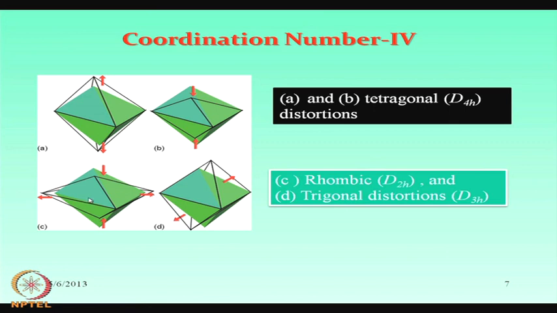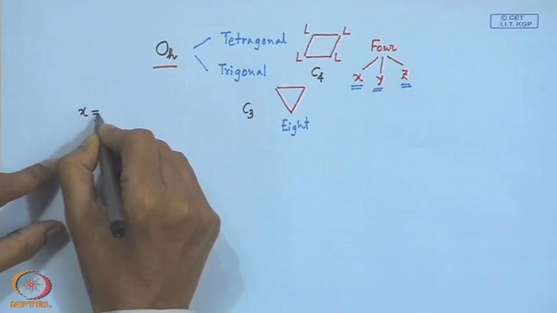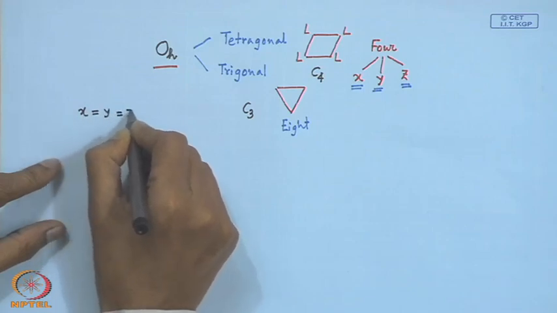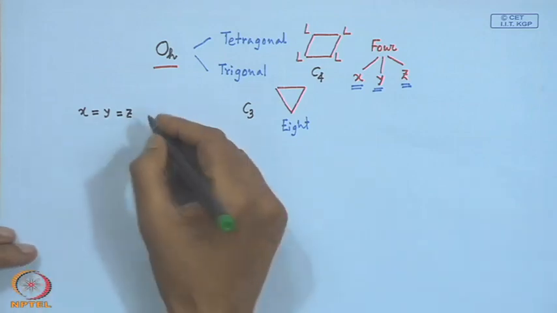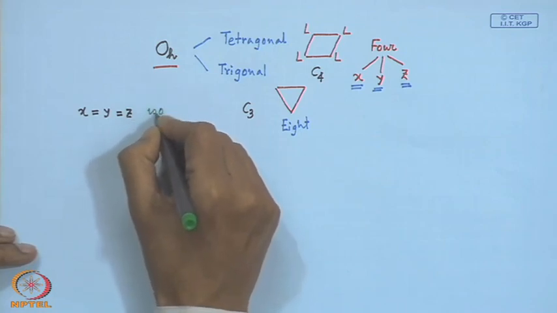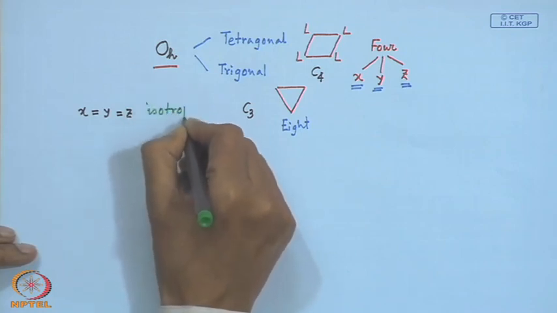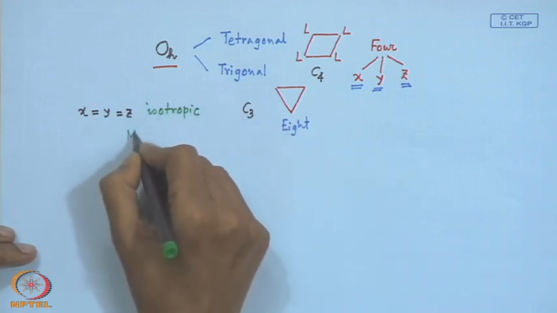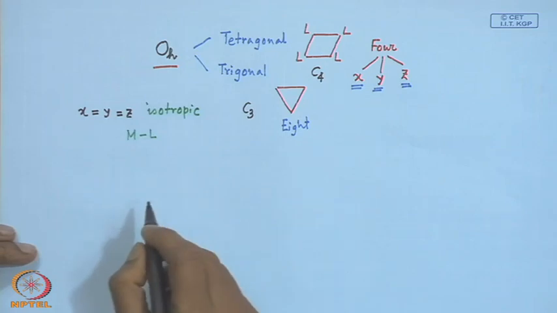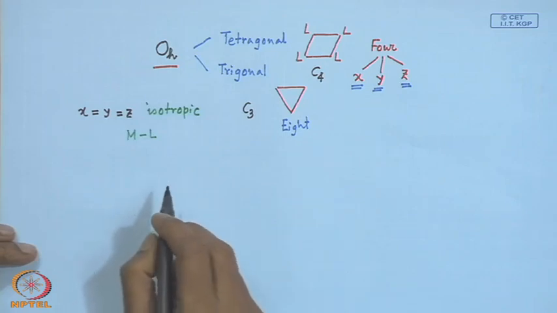So, z axis will remain untouched. So, in this particular situation where we consider that all x, y and z, all these three axes are the same, we consider the corresponding situation as isotropic in nature. That means all the ML distances, we have 6 distances.